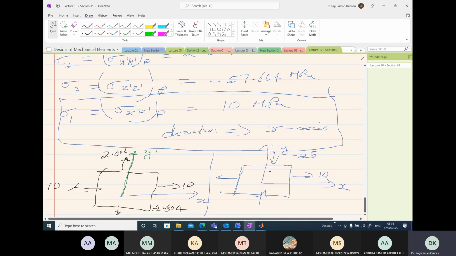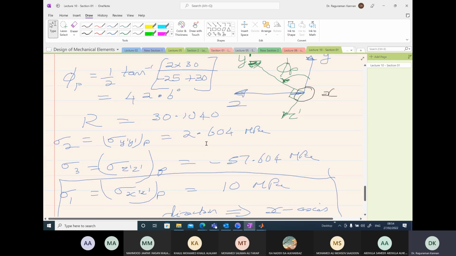Okay. So I'm going to stop right here. Next class, we will discuss maximum shear stress and shear stress direction, especially in 2D, and we will also go for 3D case. We will extend this problem for maximum shear stress as well.